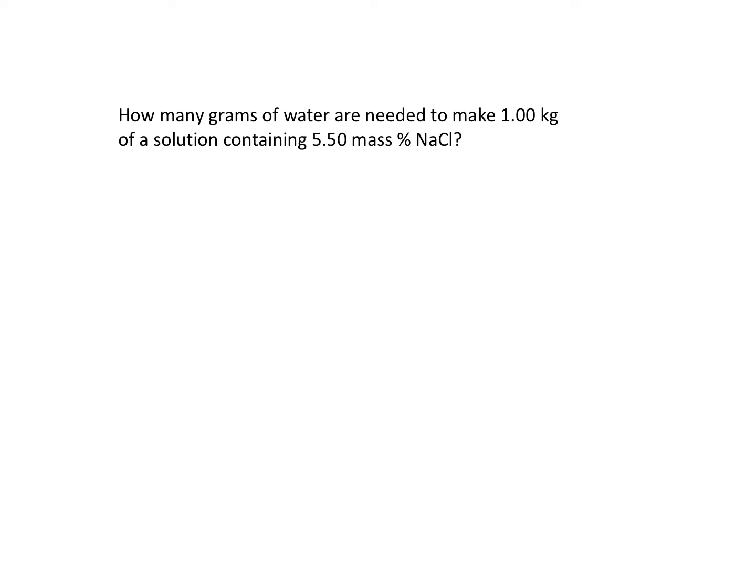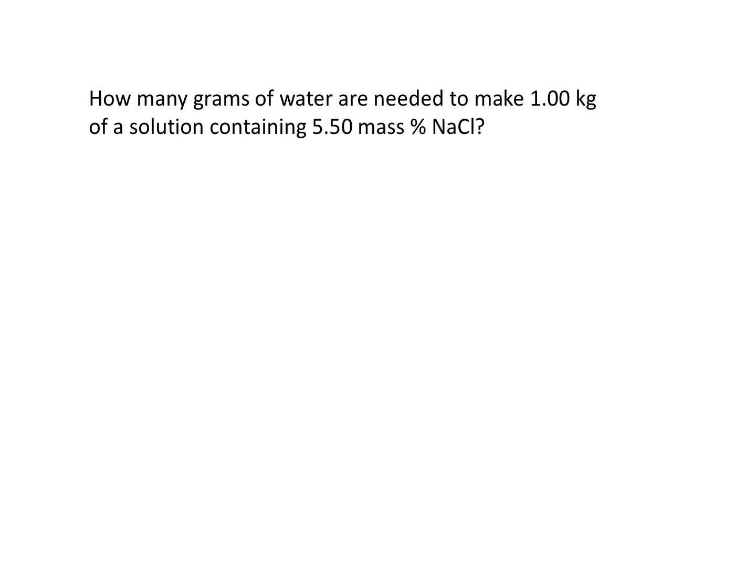Okay, let's look at a different one. This one, we're going to up the difficulty a little bit. So here we're saying how many grams of water are needed to make 1 kilogram of a solution containing 5.5 mass percent sodium chloride. Okay, so what do we want?